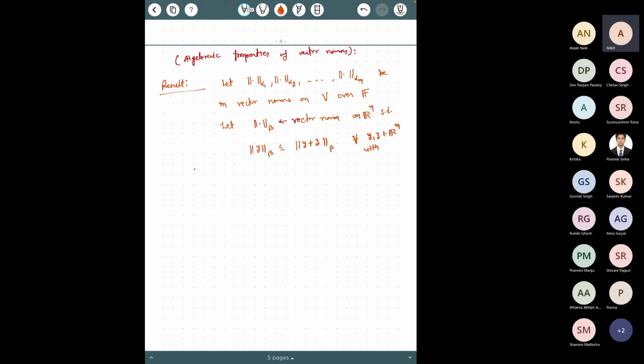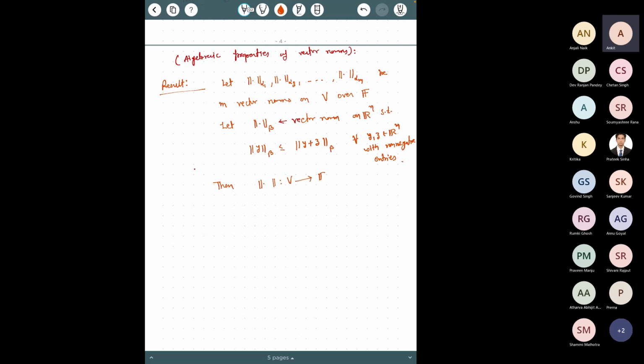So if the entries of y and z are non-negative, then they should satisfy this property. So the norm should satisfy this property for all y, z with non-negative entries.